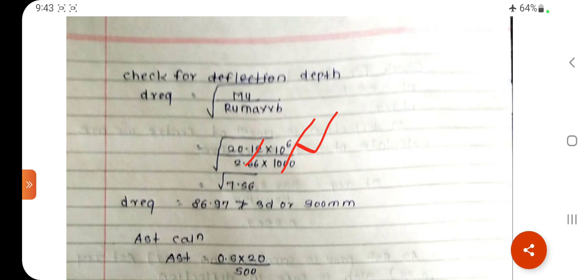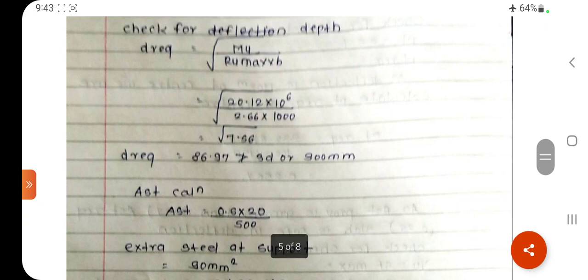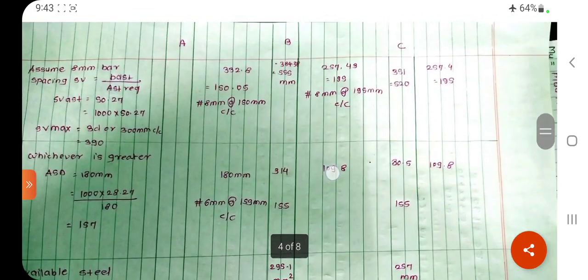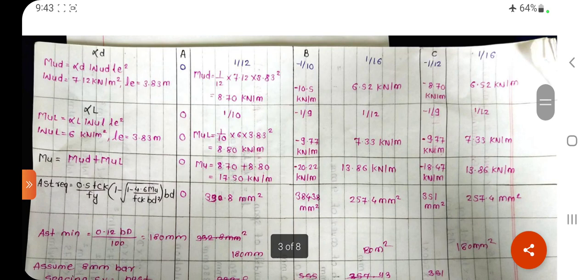So now substituting these values, keep again one thing in mind, Mu is the maximum of all the three spans. Here we have taken it as 20.12 into 10 raised to 6. See here, these are the span moments.